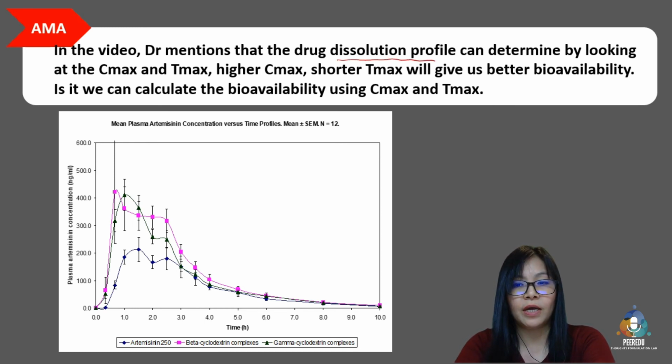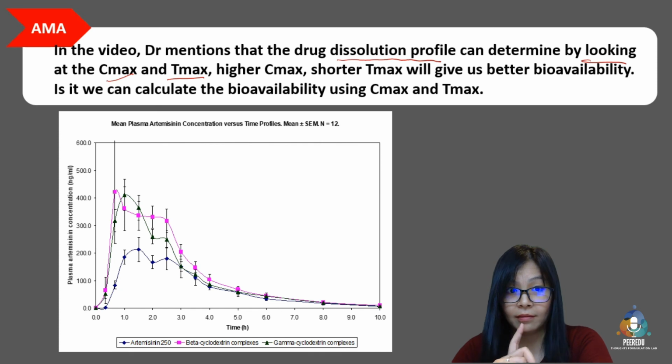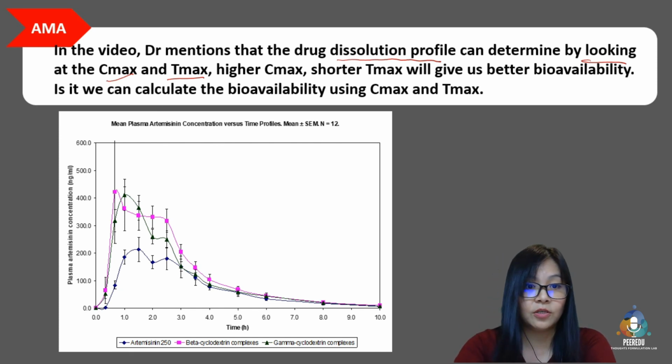Anyway, this dissolution profile you can determine by looking at the Cmax and Tmax. Cmax is the maximum concentration achieved, at the time Tmax. Now Tmax here for, let's say, beta is this one. Cmax is around more than 400, and the gamma Cmax is around 400.